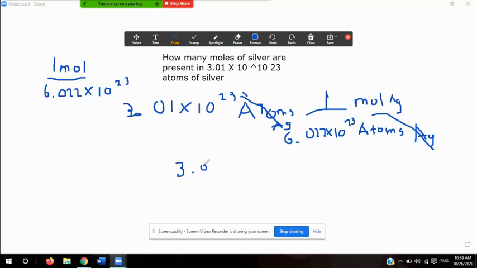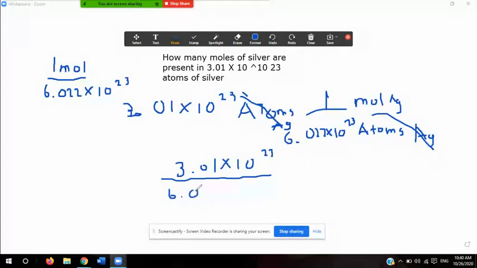So 3.01 times 10 to the power of 23 over 6.022 times 10 to the power of 23. Now, in this case, they both have the same base and the same exponent.